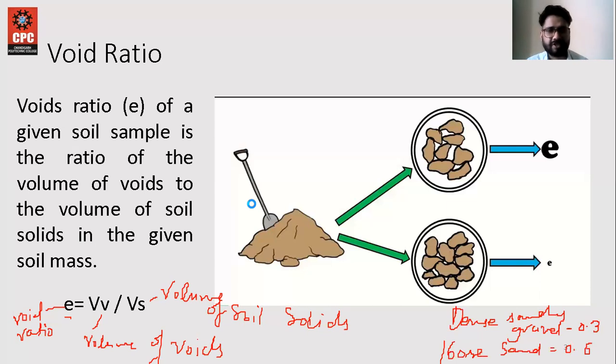From this picture, you can see that in this circle the void ratio is more, and in this circle, where there is less void, the void ratio is less.